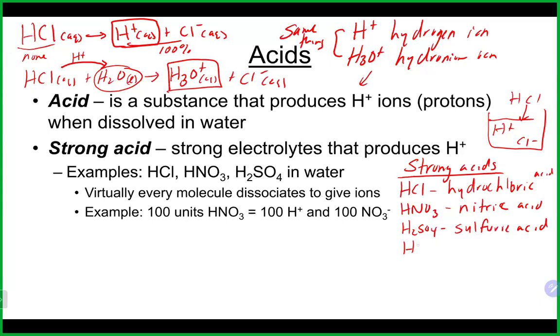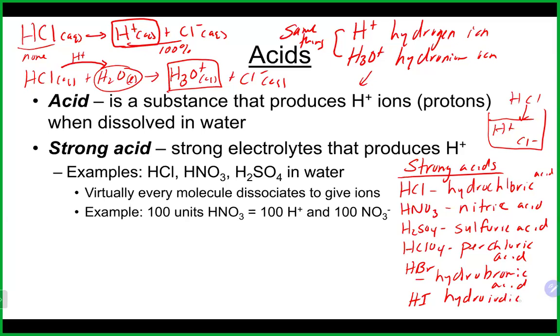We have HClO4, which is perchloric acid. We have HBr, which is hydrobromic acid. And HI, which is hydroiodic acid. Pretty much this pack of 4 or 6 acids, that's pretty much your strong acid list.